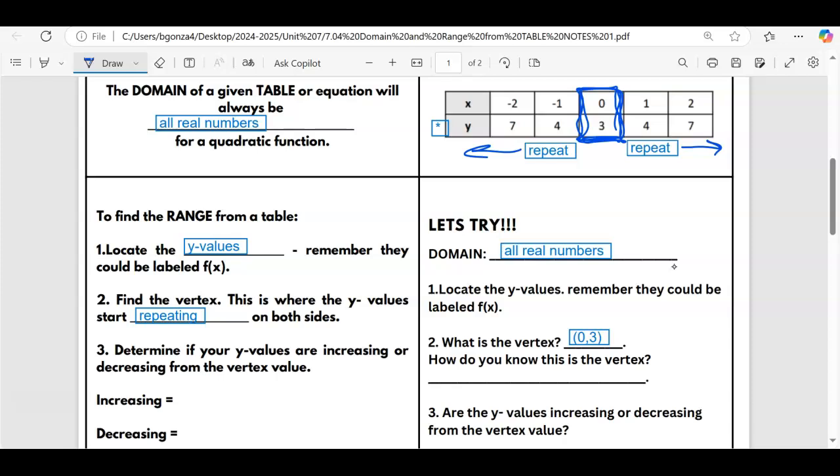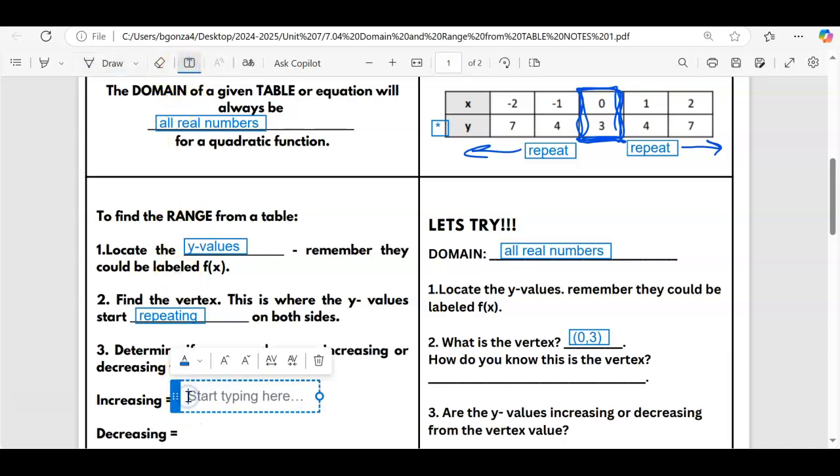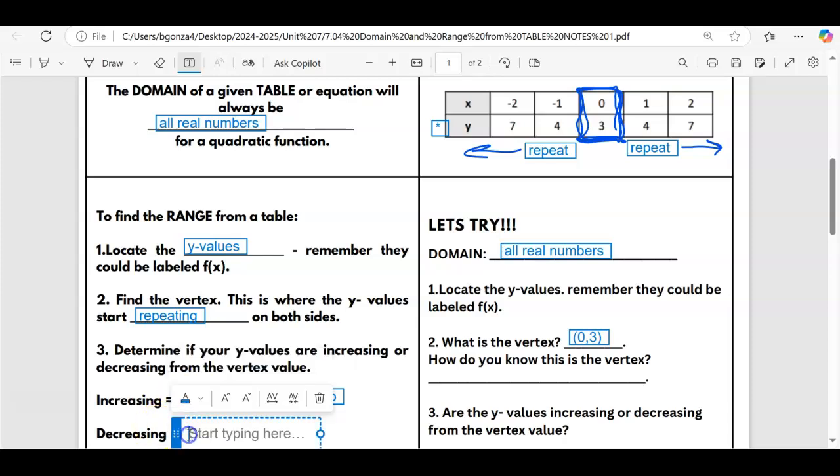All right, now step 3, determine if your y values are increasing or decreasing. Okay, now what is increasing? Well, that's going to be the symbol greater than or equal to. And decreasing would be less than or equal to. So if we have increasing numbers, you would put the increasing symbol, greater than or equal to.